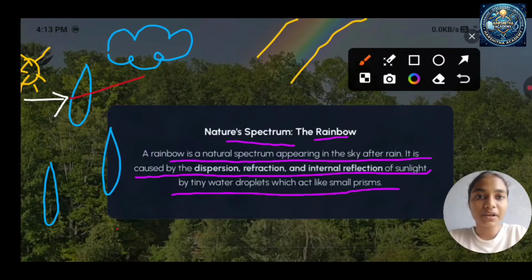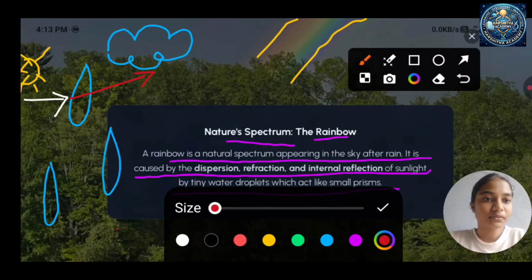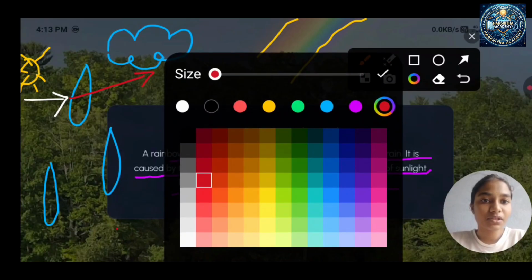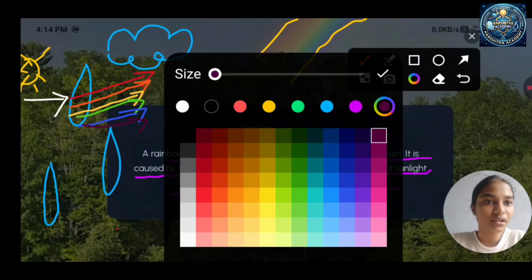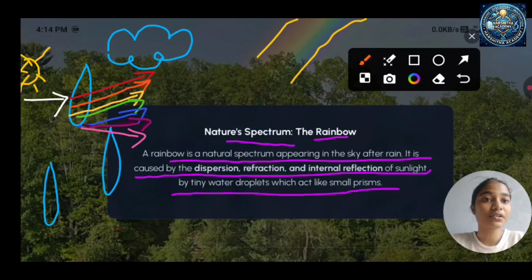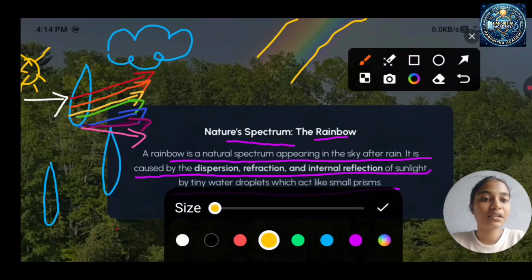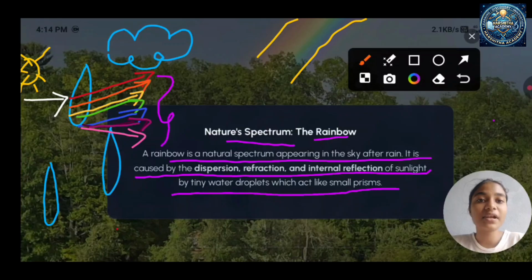The white light splits into red color, and then orange, yellow, green, blue, and indigo. It's not actually indigo, I'm trying to make it indigo, and this is pink. So these are 7 different colors. You can clearly observe, guys, that white light splits into these 7 different colors.